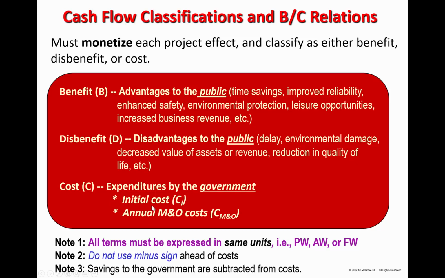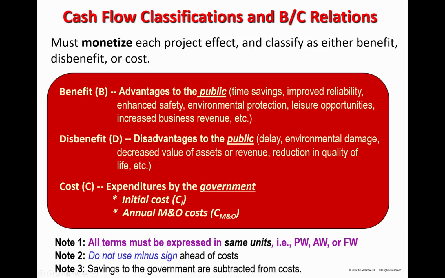The initial cost would be a lump sum at time 0. So if we're using B, D, and C in formulas, we will make sure that the amounts are in the same time frame. They're taken either to the present, the future, or on an annual basis.